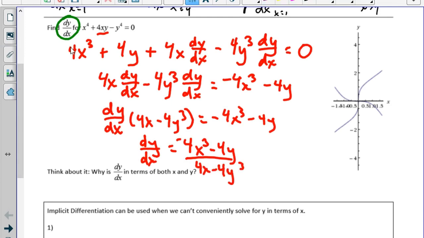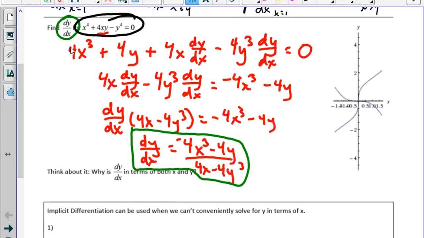And this is dy dx. So what I just found is the slope of the tangent line at any point where you have an x comma y. If you find an x comma y on this graph, what you can do is substitute x and y into this and you'll find dy dx.